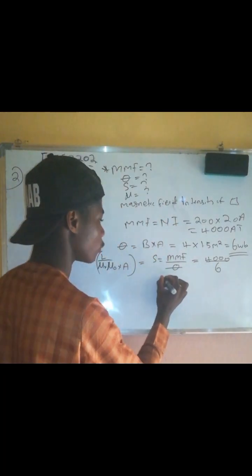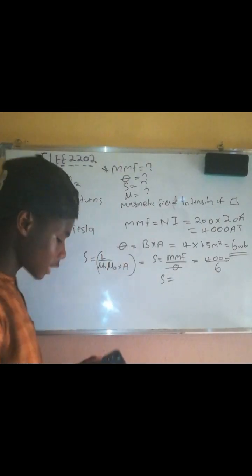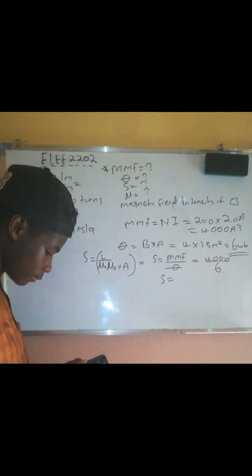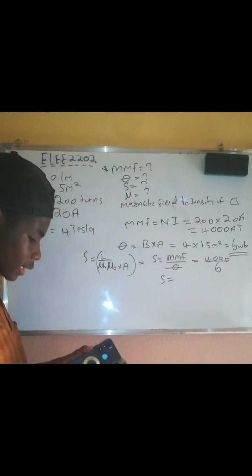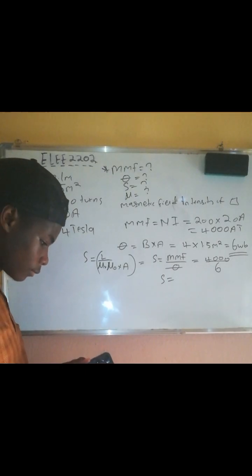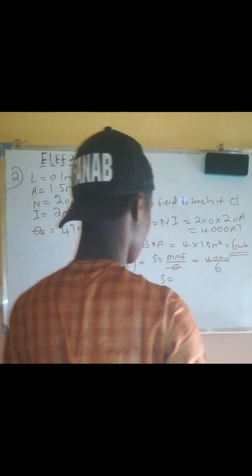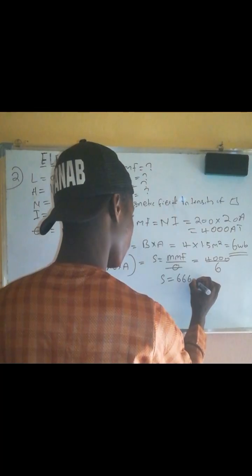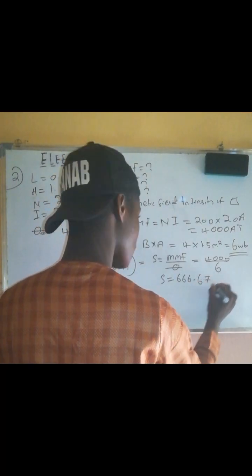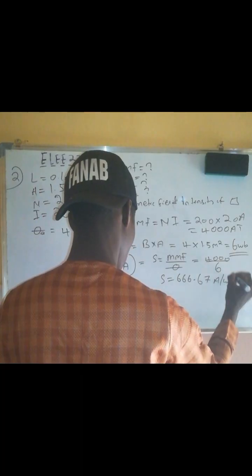So the reluctance is 4,000 divided by 6, which is 666.67 ampere-turns per Weber.